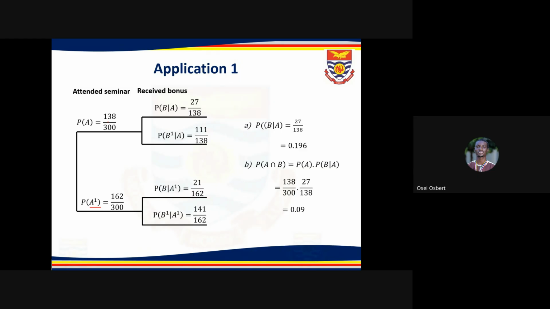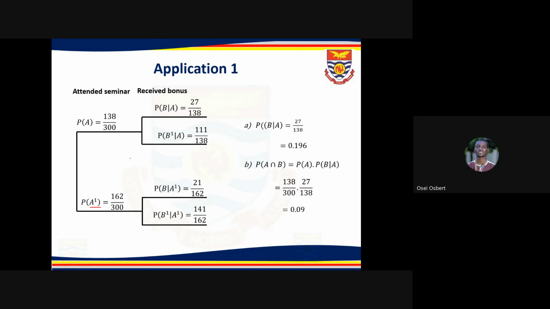The B comes in that we have 48 people who earned a bonus. In the question, we have 27 of the sales representatives who earned the bonus attending the training. That tells you that there are 27 of them who attended the training. That gives us the 27 on 138.